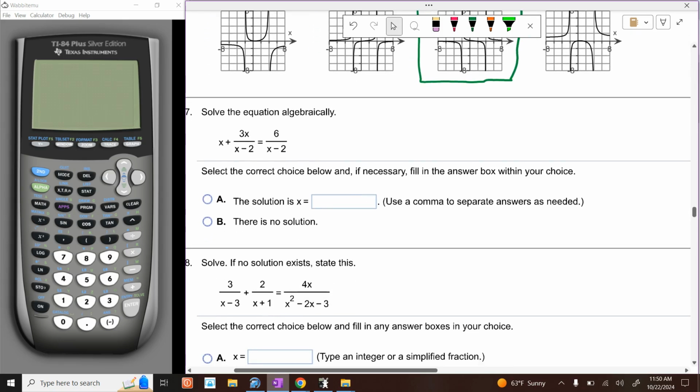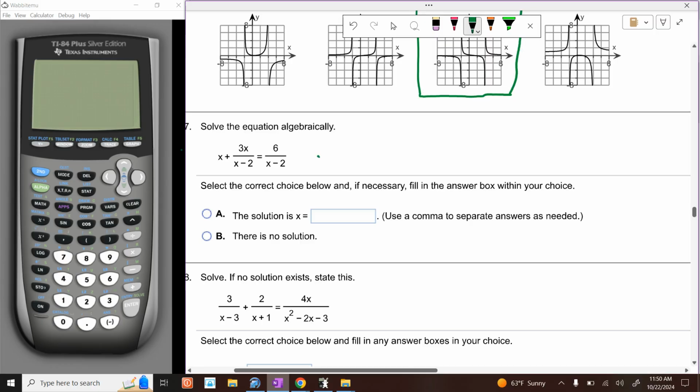All right, and then the last step we had, solve this algebraically. Well, if my least common denominator is x minus 2, then I just go x minus 2 times on this side, times this one, and times this one. So I multiply. So x times x minus 2 plus 3x equals 6, because the x minus 2's cancel here, the x minus 2's cancel here.